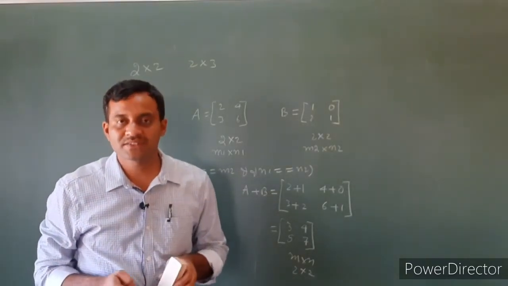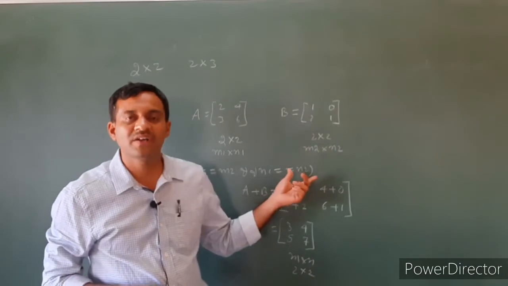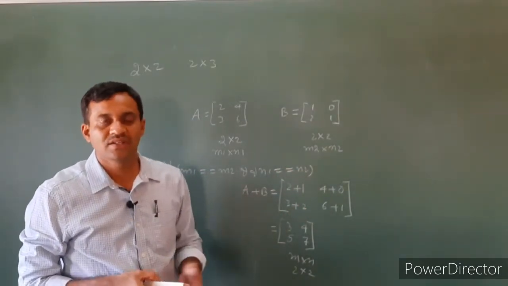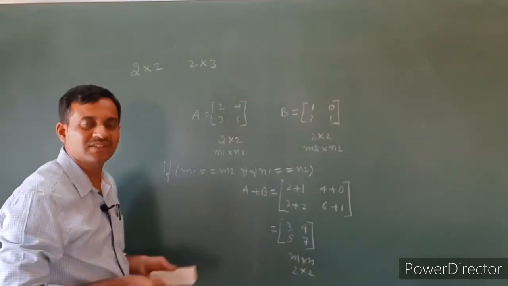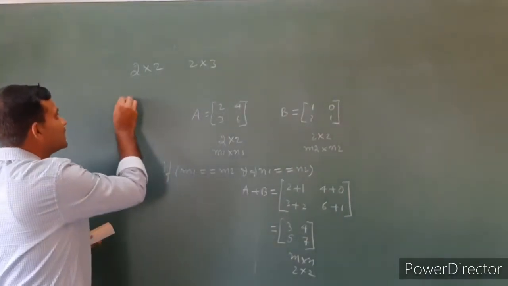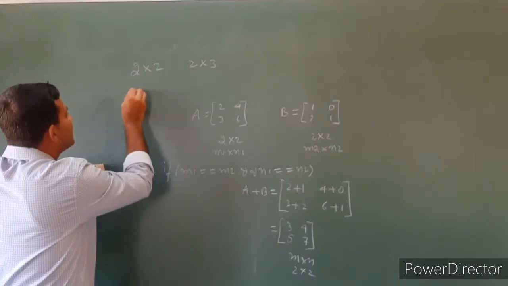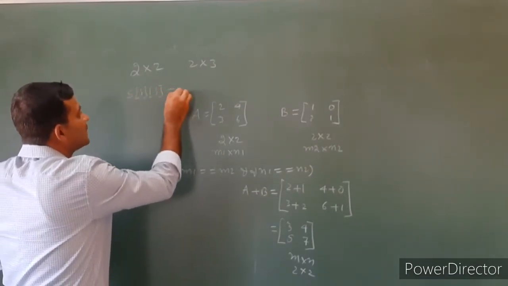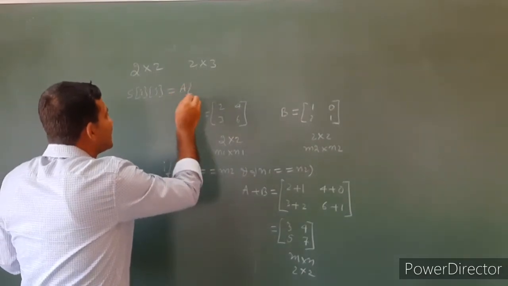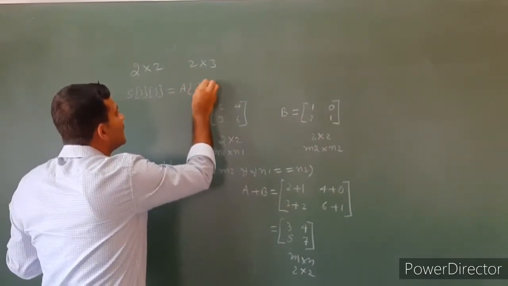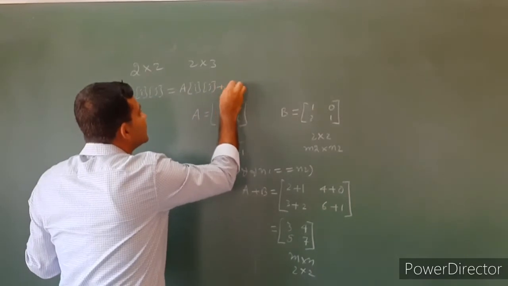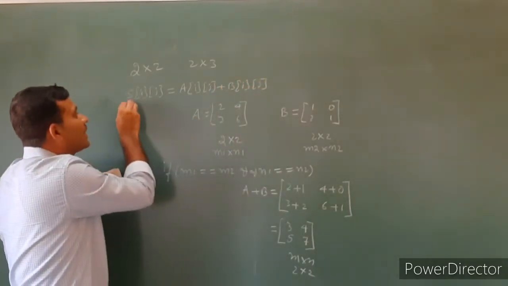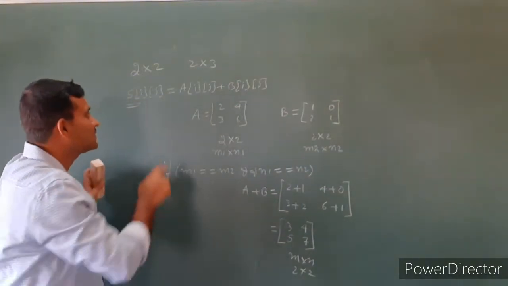Addition of matrices means we have to add the corresponding elements from both matrices. Then how do we add the matrix elements in an expression? If the sum is S of ij, then S of ij is equal to A of ij plus B of ij, and the resultant matrix is S. What is the value of ij?